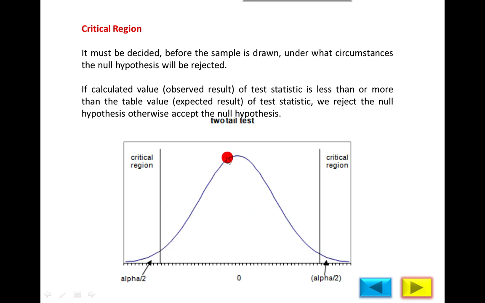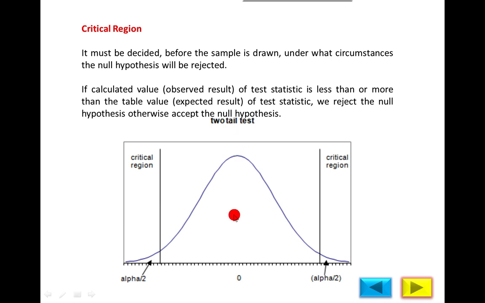You know that this is the bell-shaped curve, or symmetrical curve. The graph of the t-test and z-test is symmetrical, and the graph of the chi-square test and f-test is a non-symmetrical, skewed graph.